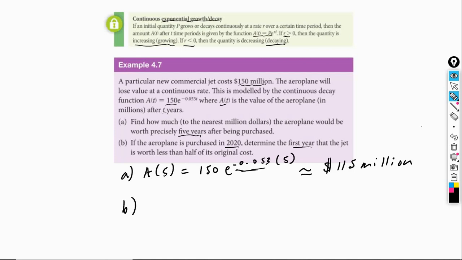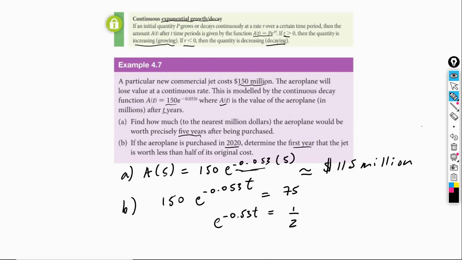So we would say 150 times e to the power of minus 0.053 times t is equal to 75. Or in other words, if we were to solve this manually, we would say e to the power of minus 0.053t is equal to 1/2.